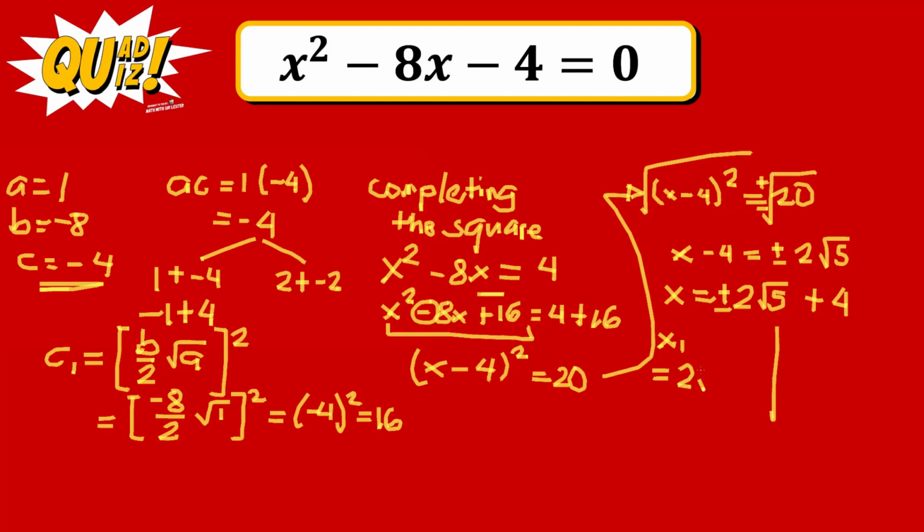We have the positive 2 square root of 5 plus 4, and your x sub 2 is the negative 2 square root of 5 plus 4. These are the two roots of this given trinomial here.